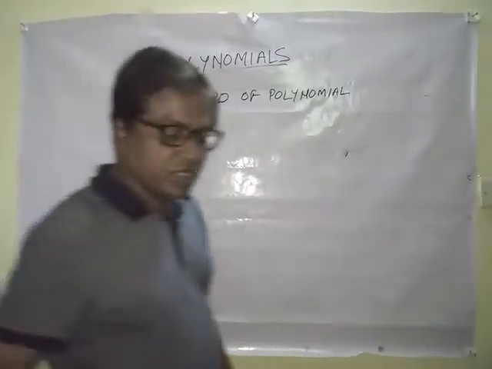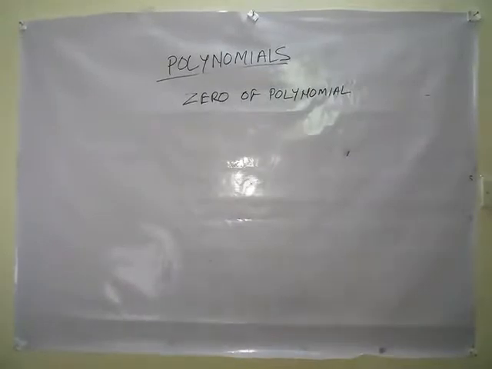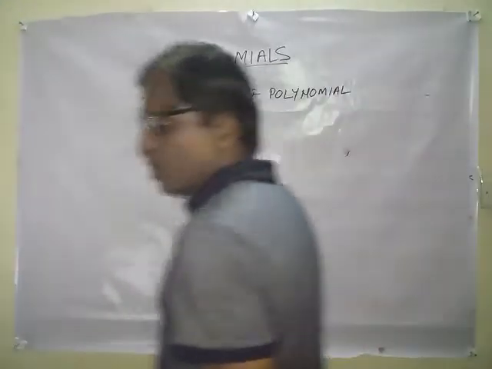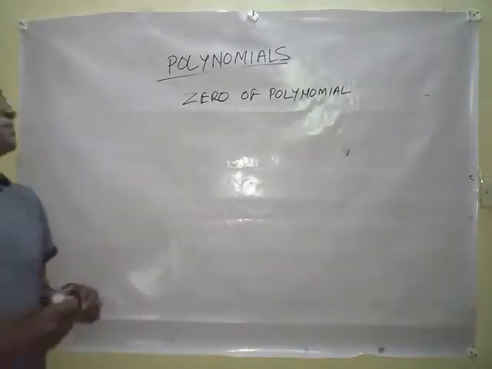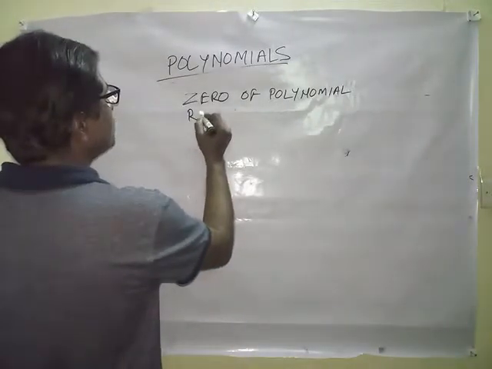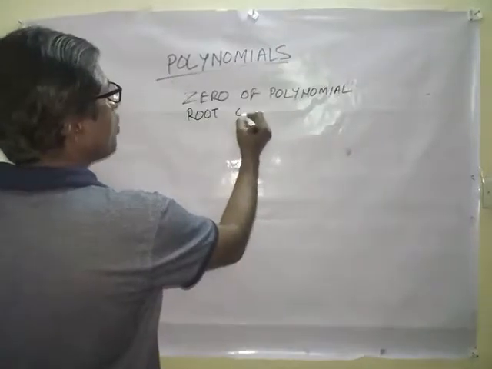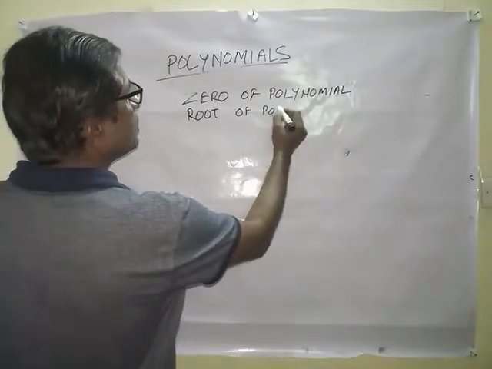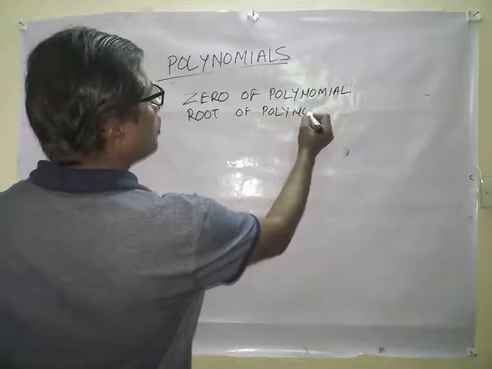Let us go into this now. So zero of the polynomial, or root, this is also called root of a polynomial.